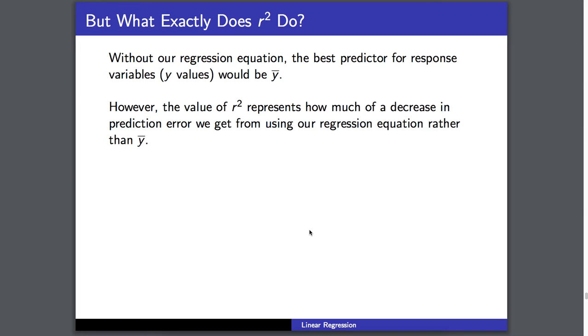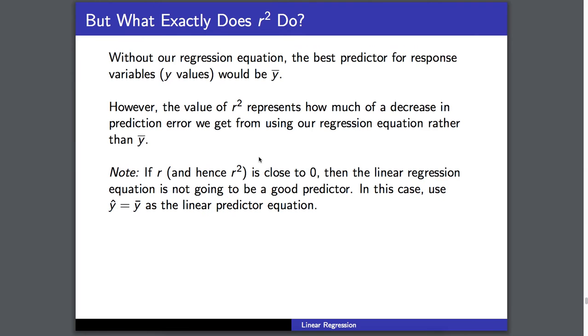So the value of r squared, another interpretation of it, represents how much of a decrease in the prediction error we get, or the residuals, from using our regression equation rather than using the mean. So it'll also show us that we have a decrease by whatever that percentage is in the prediction error or the residual that we're going to get from using our regression equation rather than using the mean of our y coordinates.